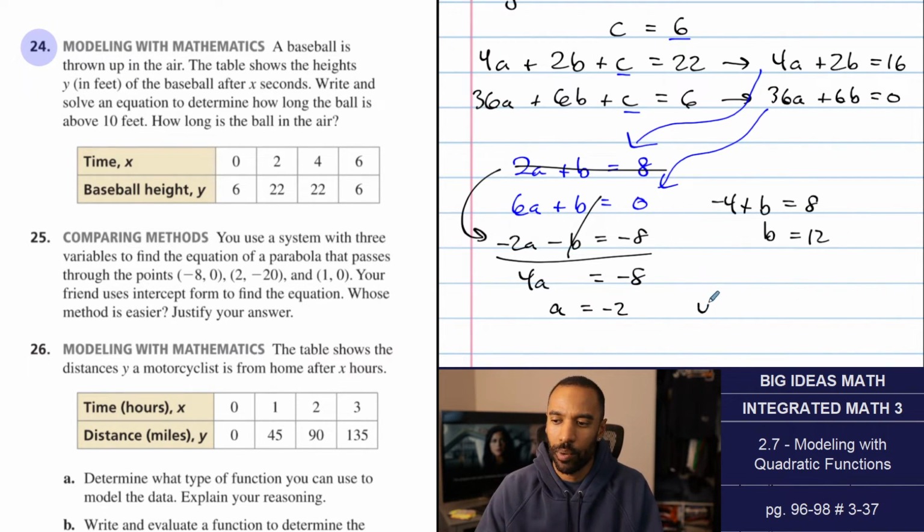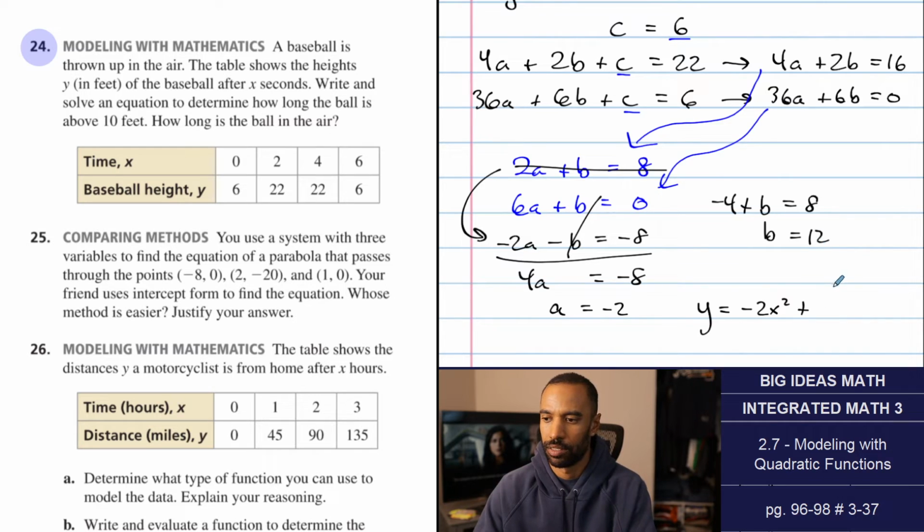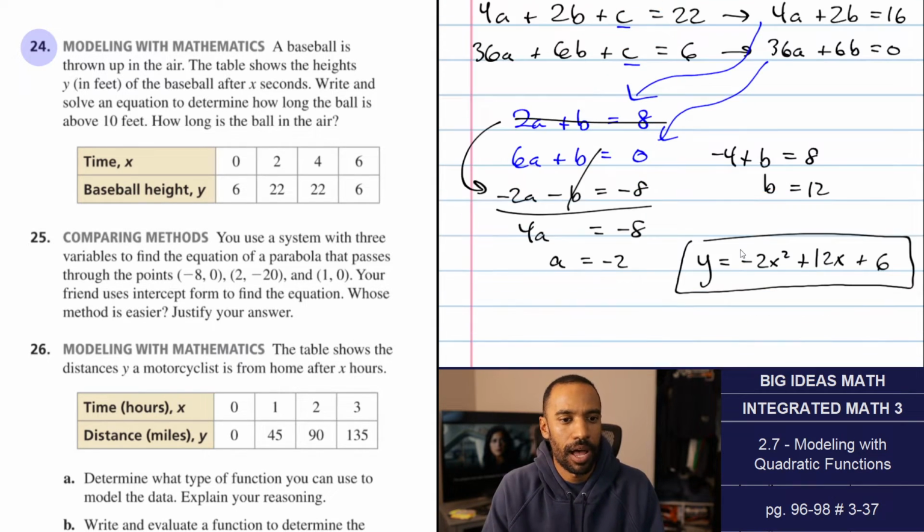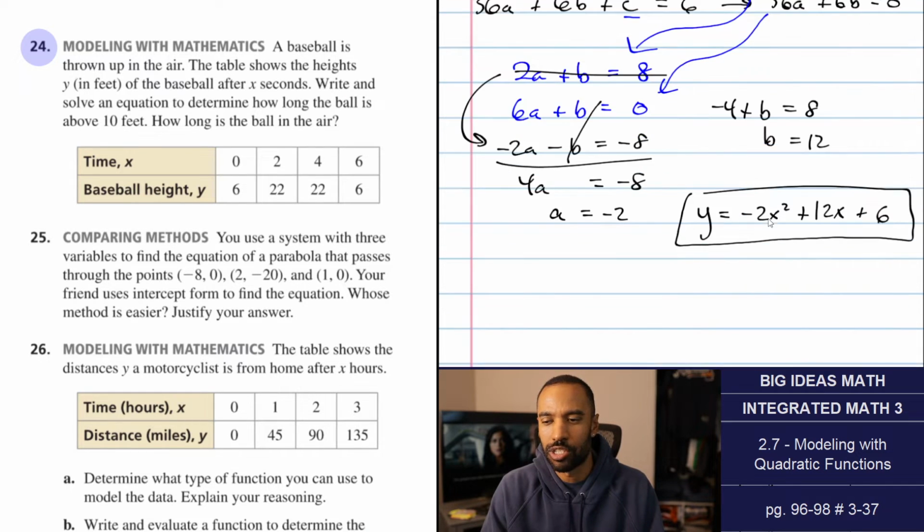So now we have an equation, y equals ax squared plus bx plus c. That's our equation we're going to use for this. y is the height of the ball, x is the amount of time. So, solve an equation to determine how long the ball is above 10 feet.